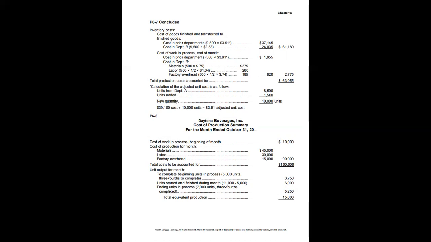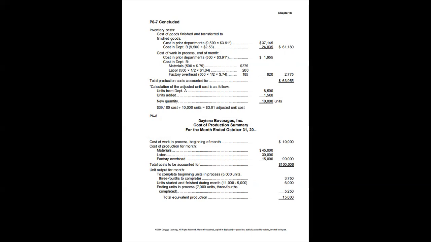The unit output for the month is, if we have the units to be accounted for of 18,000 units, we have now the completed units equals 11,000 units given in the problem. However, this includes the work in process inventory, one-fourth completed of 5,000 units.